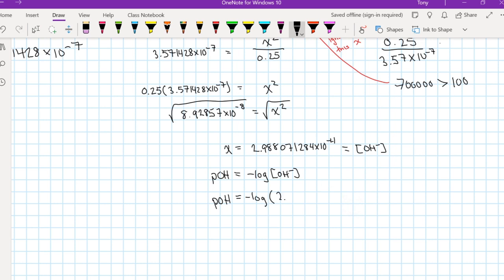So I'm just going to negative log the number I currently have in my calculator, which is this, times 10 to the negative 4. So when we negative log it, we're going to get some number, which I'll tell you right now is 3.5246.